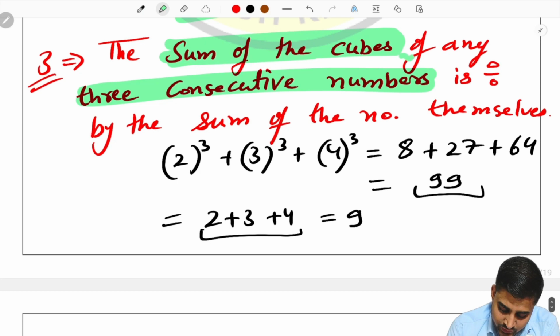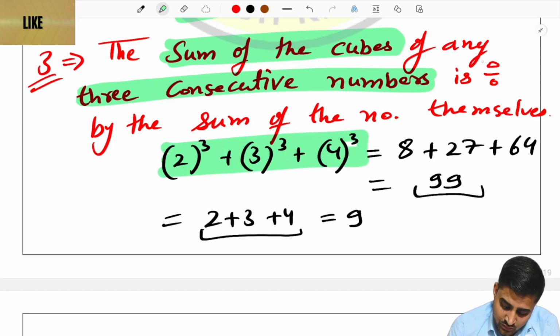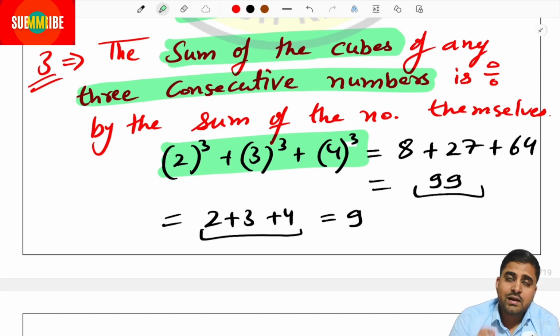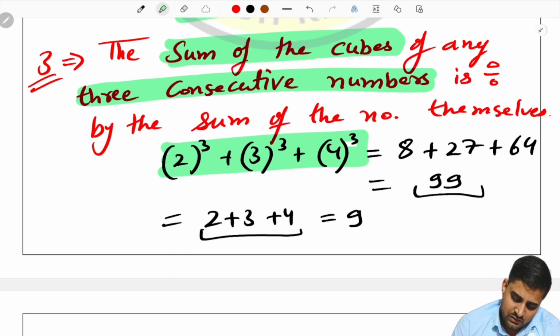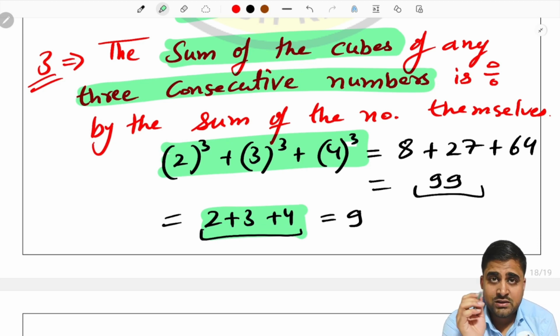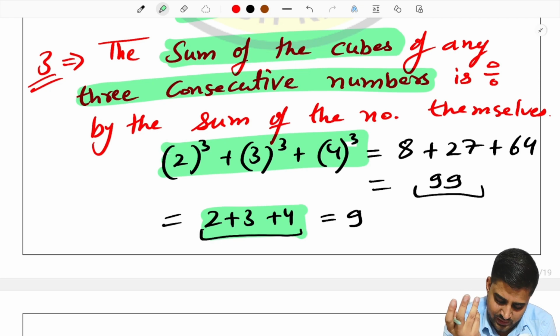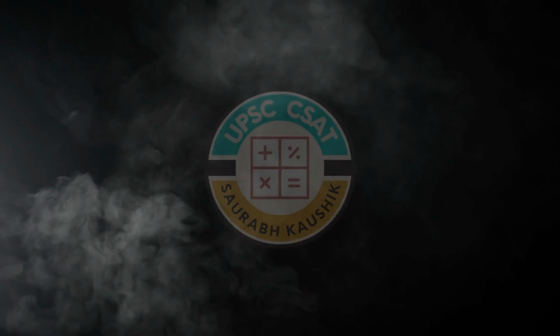The sum of the cube of any three consecutive numbers, the condition is the numbers should be consecutive, back to back, is always divisible by the sum of the numbers themselves. Sum of the numbers is 9. 99 is divisible by 9, correct? So this is property number third.